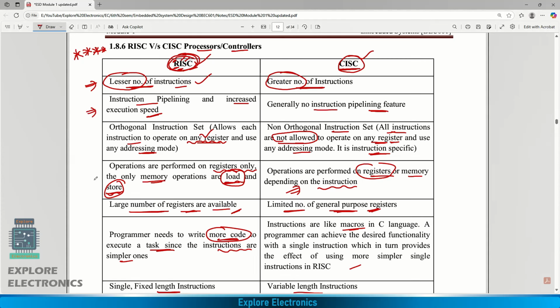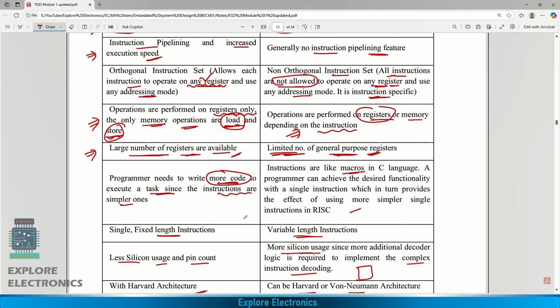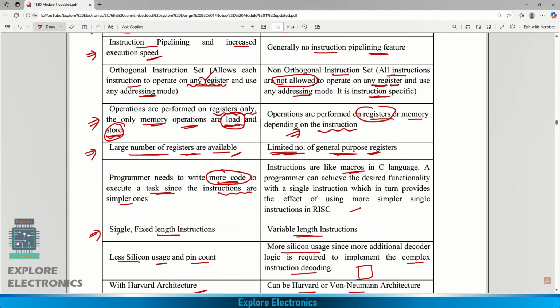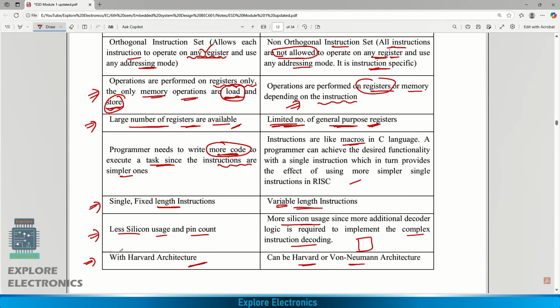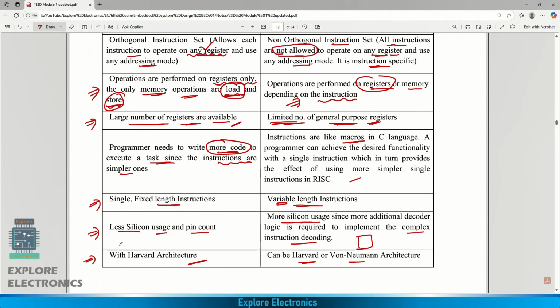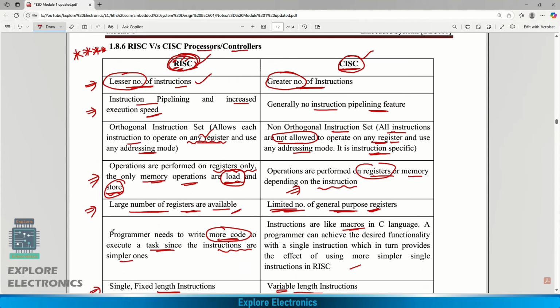With respect to memory operations, you can remember that a large register set is available in RISC, and a limited number in CISC. Instructions are fixed length in RISC, while variable length instructions are available in CISC. Also the usage of silicon is less in RISC and more in CISC. With respect to the architecture, you can remember these five to six differences. These are enough to say the differences between RISC and CISC.